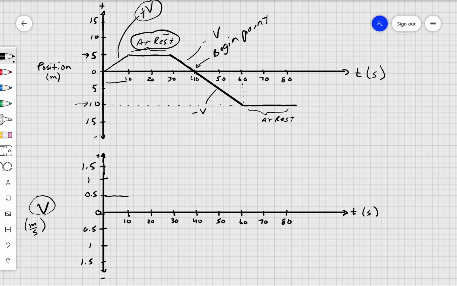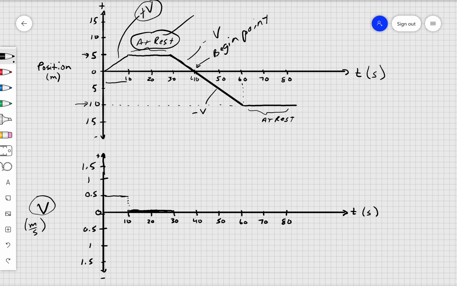And then it is at rest. That velocity is 0. And it stays there till 30 seconds. So here between 10 and 30, it's at rest. And then the velocity, if we check this slope here, I believe we'll find that it is negative 1/2 meter per second.